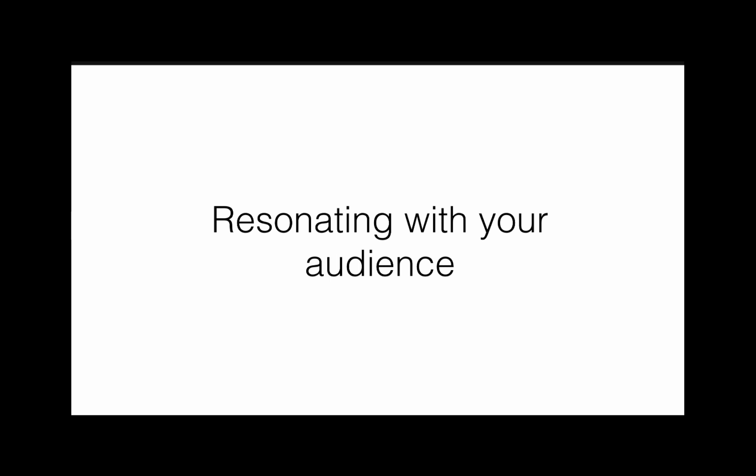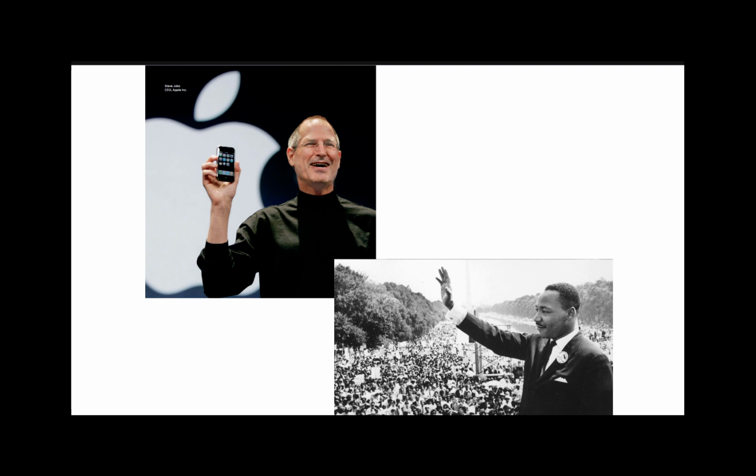So I want to talk a little bit about resonating with your audience. So these two guys, very, very different people, very successful people that you will automatically recognize, Steve Jobs and Martin Luther King, actually have some of the world's greatest presentations.